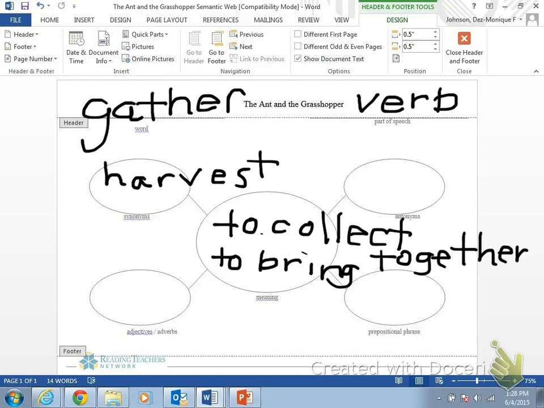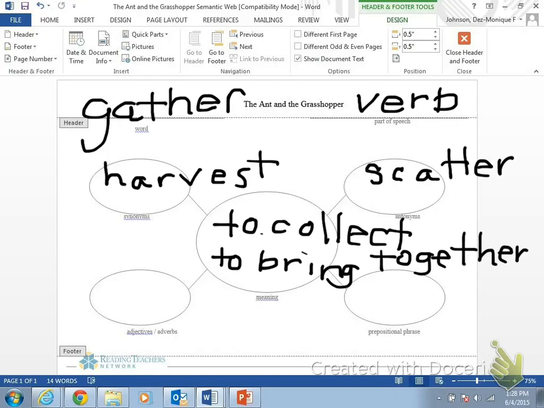I think I'm going to use for my word scatter. So if I'm not gathering, I'm scattering. Now you add an additional word to the bubble for an antonym, a word that would mean the opposite.